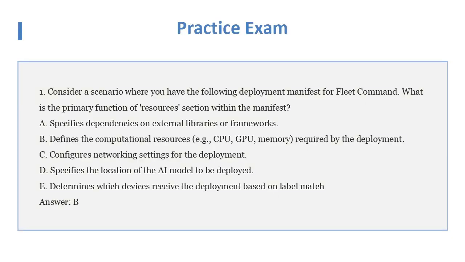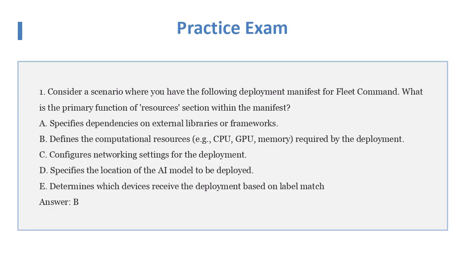1. Consider a scenario where you have the following deployment manifest for Fleet Command. What is the primary function of Resources section within the manifest? A. Specifies dependencies on external libraries or frameworks.